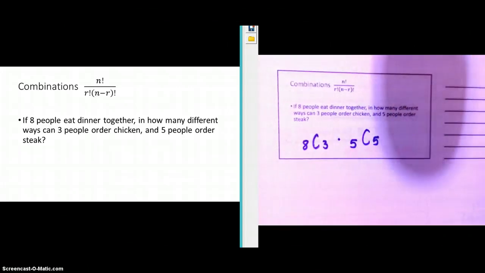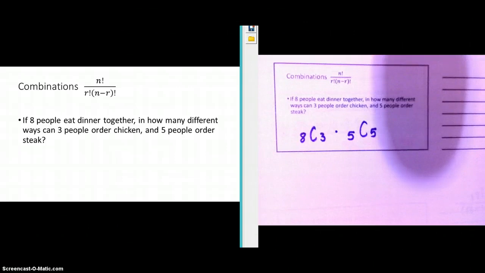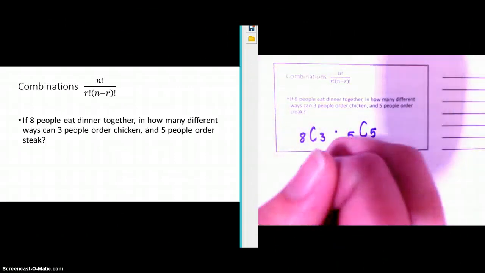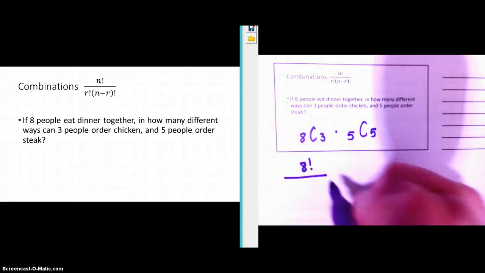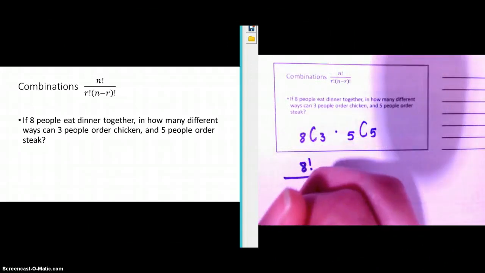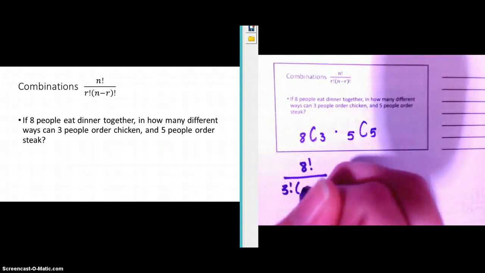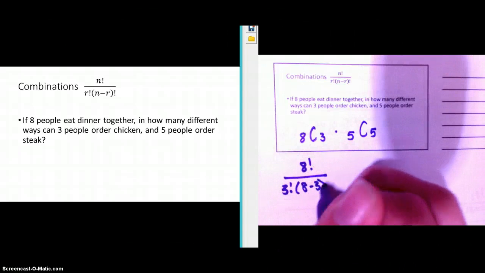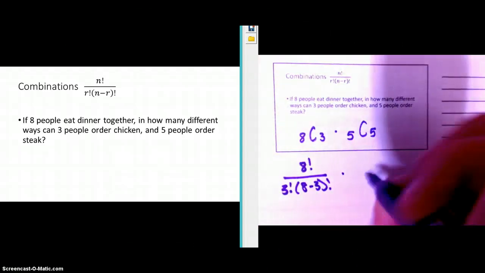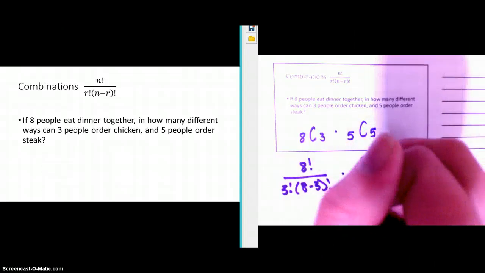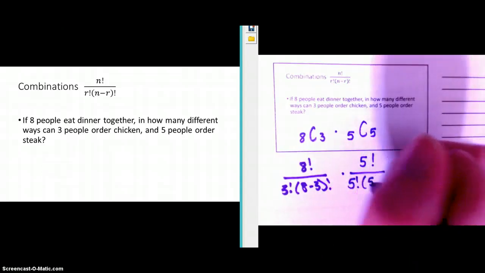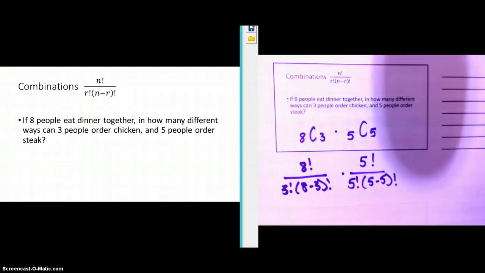So once we put this in the formula, you would have 8 factorial over 3 factorial, 8 minus 3 factorial, times 5 factorial over 5 factorial, 5 minus 5 factorial.